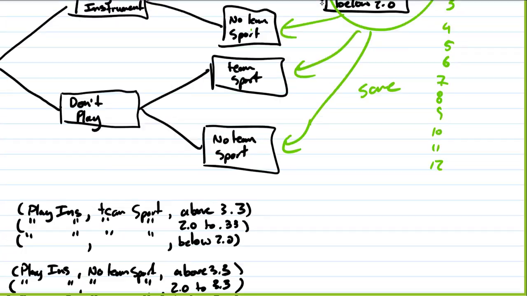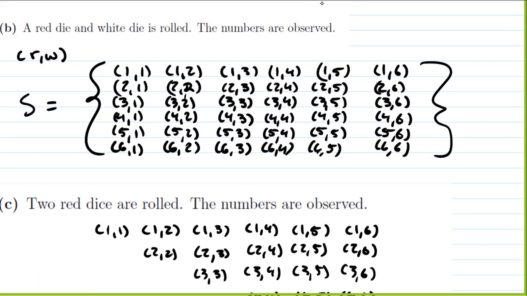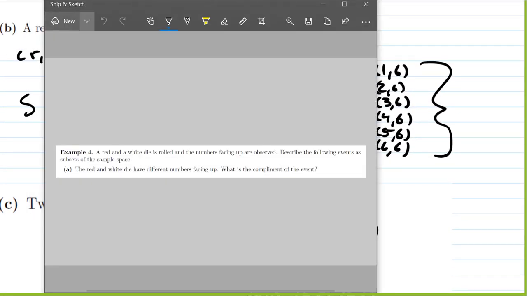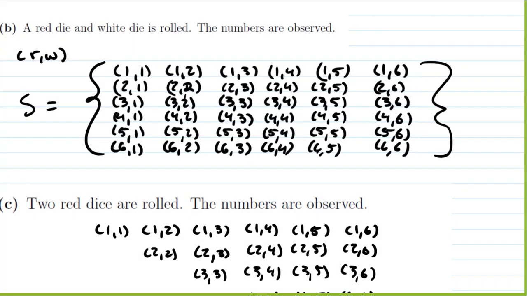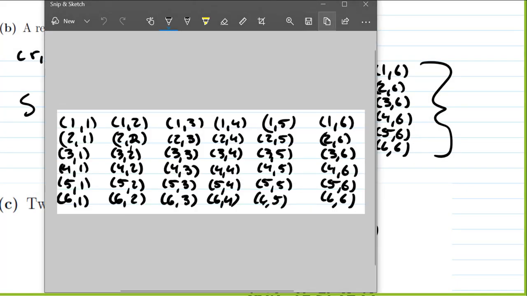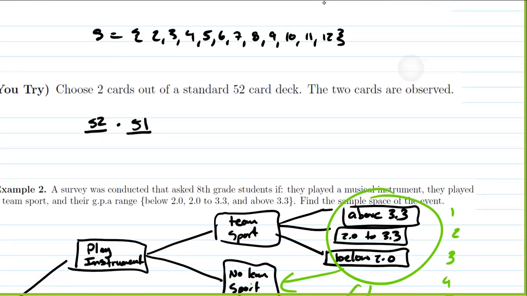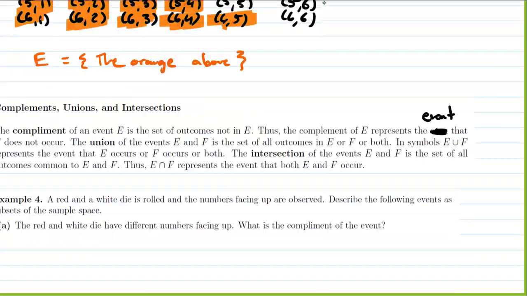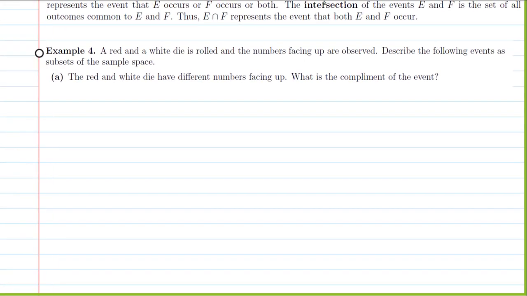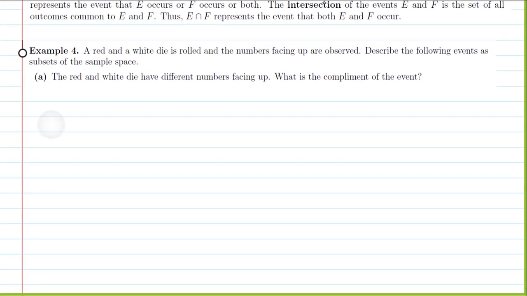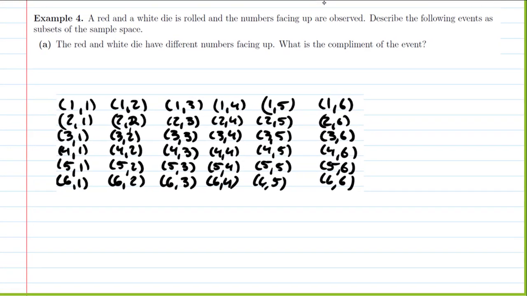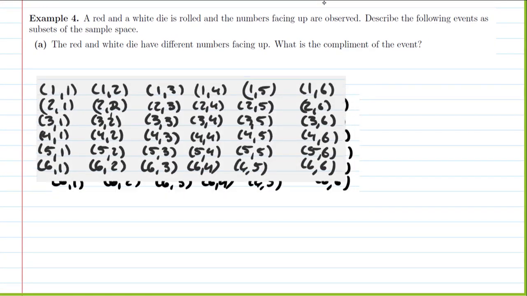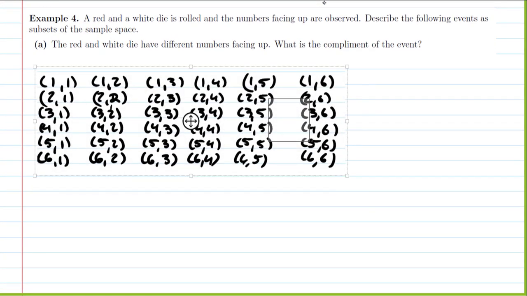All right, so I'm going to use this picture quite a bit. So what's the event that we're trying to do? We want the event that the red and white die have different numbers facing up. Well, let's start with the second question first. What would be the complement of the event?